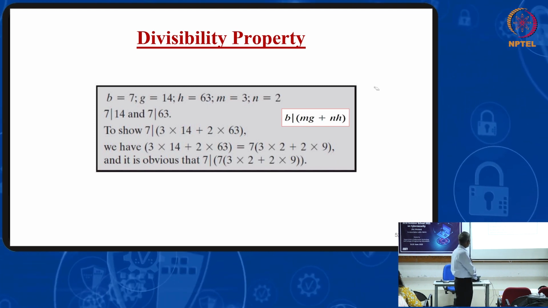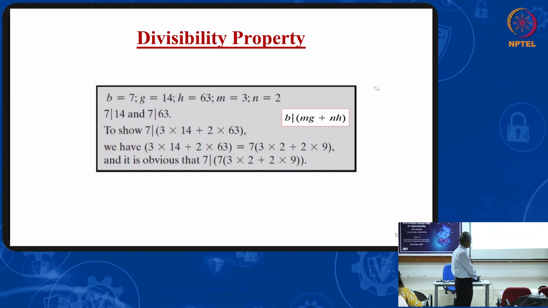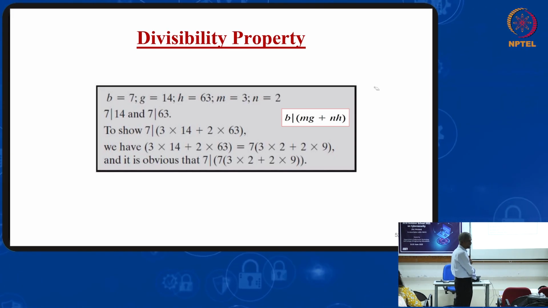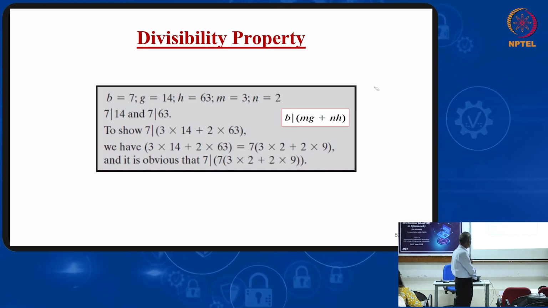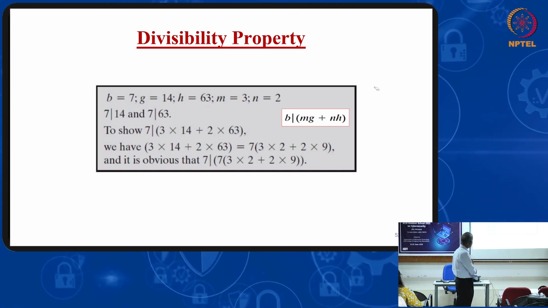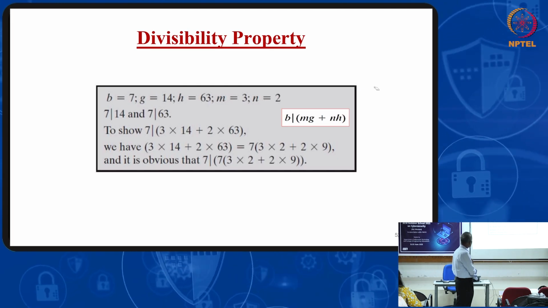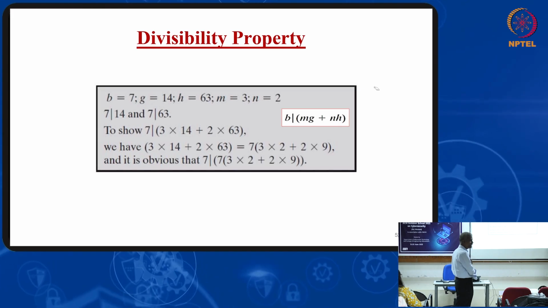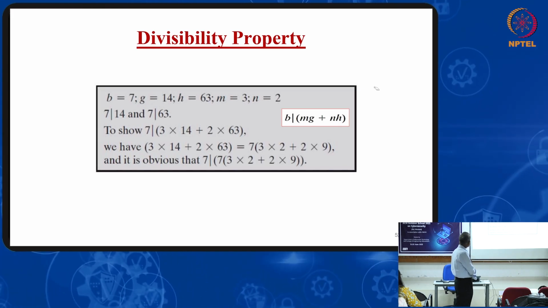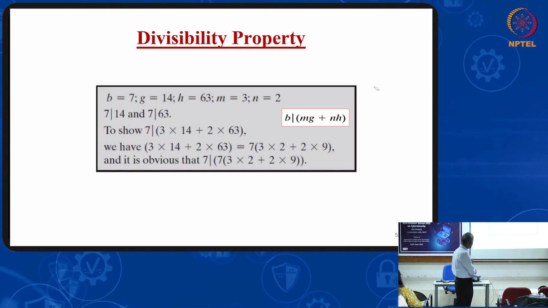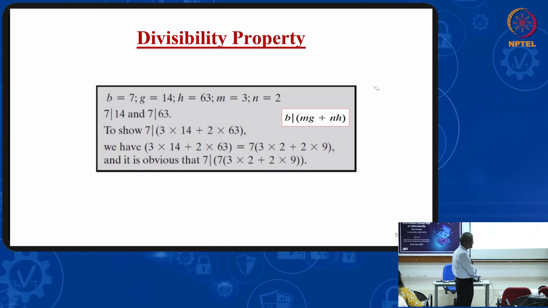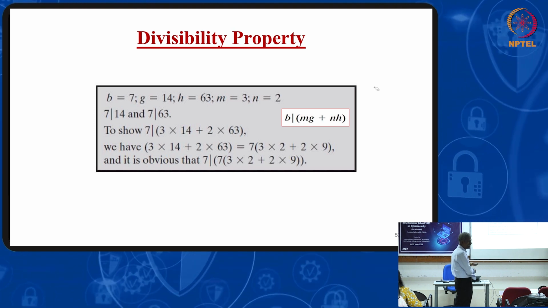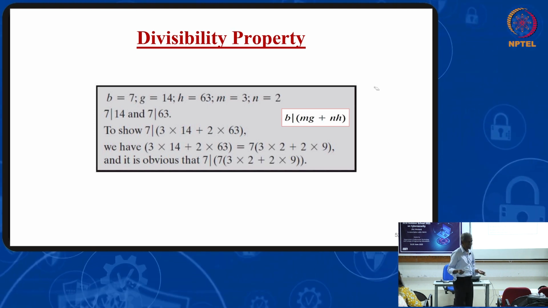So 14 will be 2 into 7, 63 will be 9 into 7. That 7 we are taking out, keeping 9 here, and similarly in the 14, keeping 2 here. So 7 divides a multiple of 7. We say that 7 divides 7 into something. Definitely 7 will divide a multiple of 7. This is the proof.